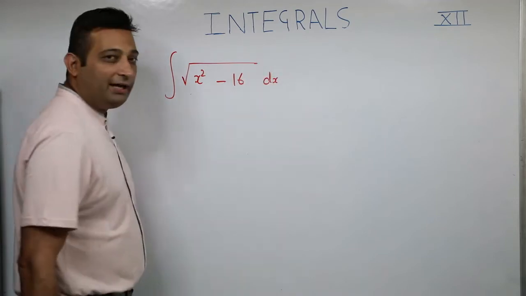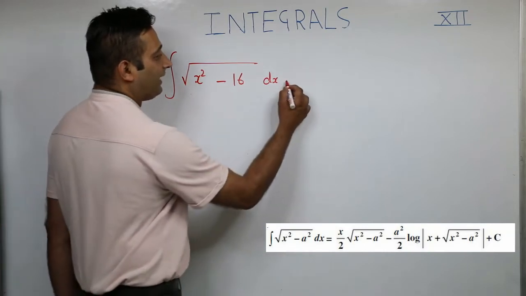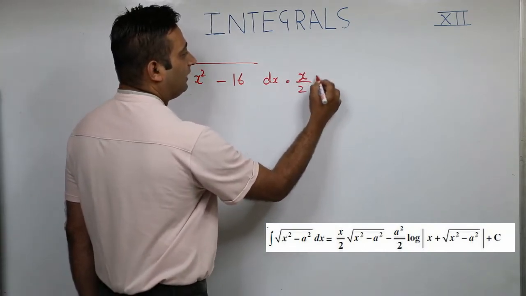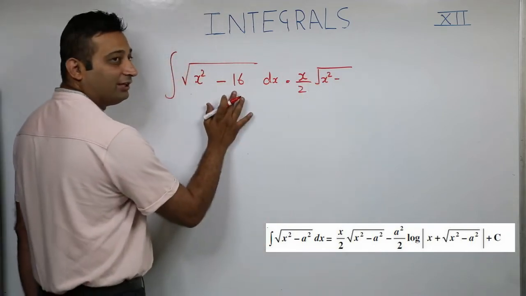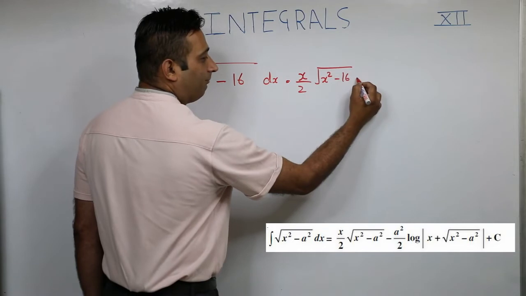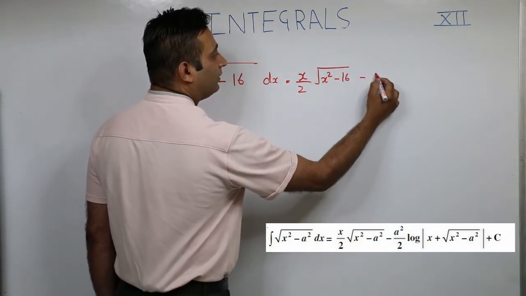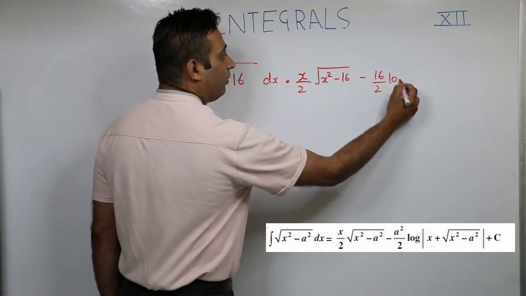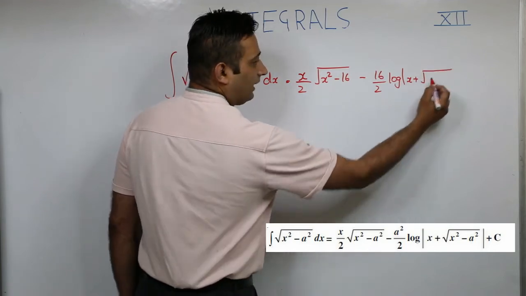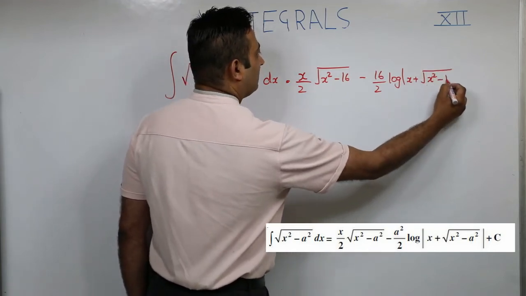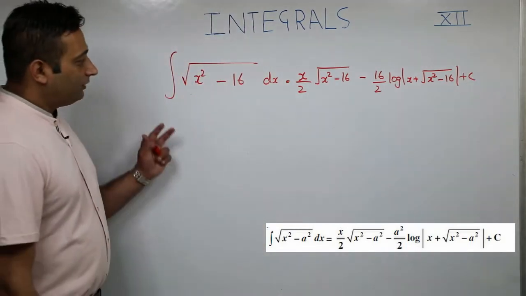You can see the formula here, that integral of under root of x square minus a square is equal to x by 2 under root x square minus a square, where a square is 16, minus a square by 2, that is 16 by 2 log of mod x plus under root x square minus a square plus c. So we have used the standard formula for this question.